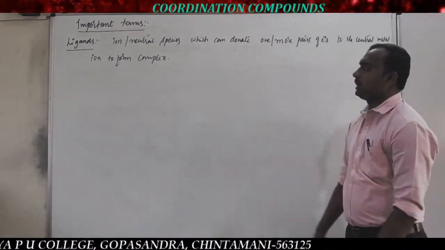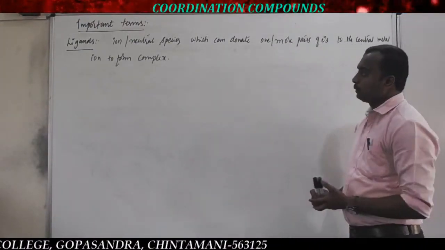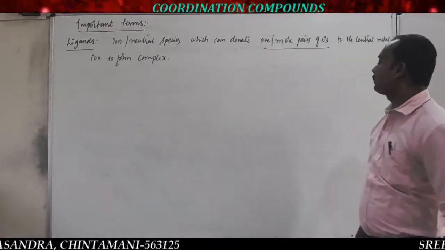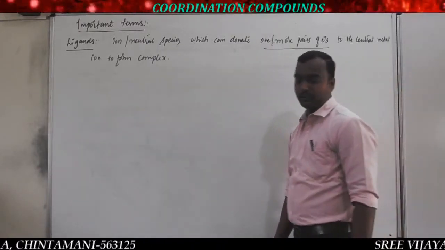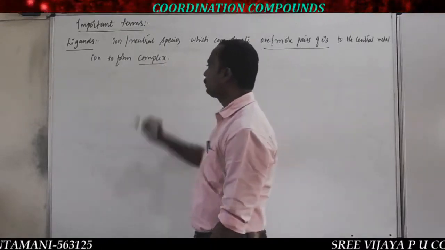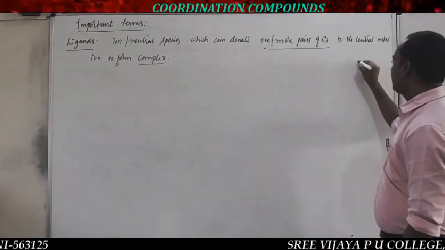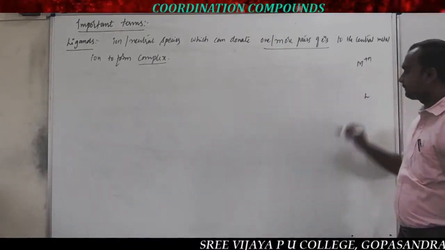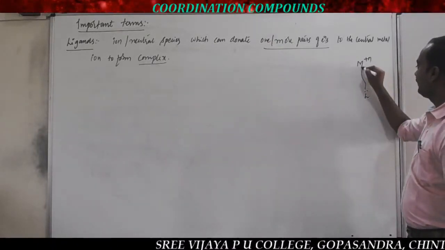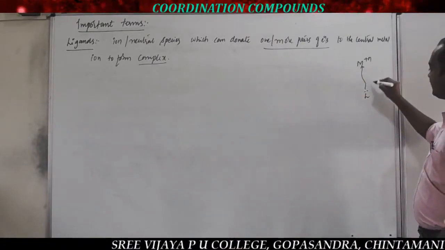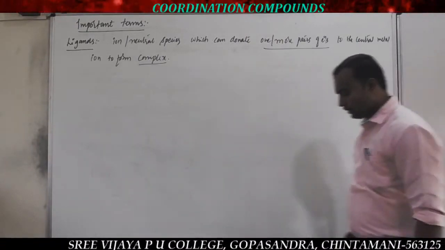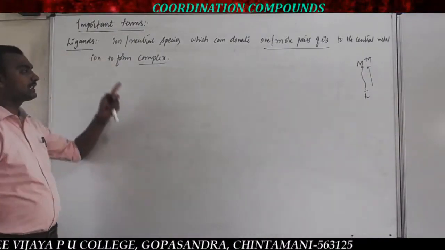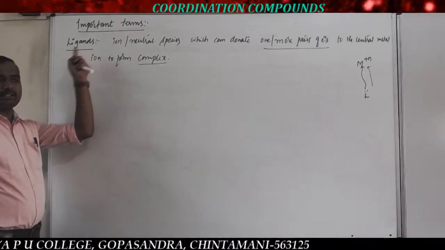So a ligand is an ion or neutral species which can donate one or more pairs of electrons to the central metal atom to form a complex. For complex formation, there is a central metal ion, and a species that can donate a pair of electrons to the central metal atom, and the resulting bond is called a coordination bond. A species with this capacity is called a ligand.